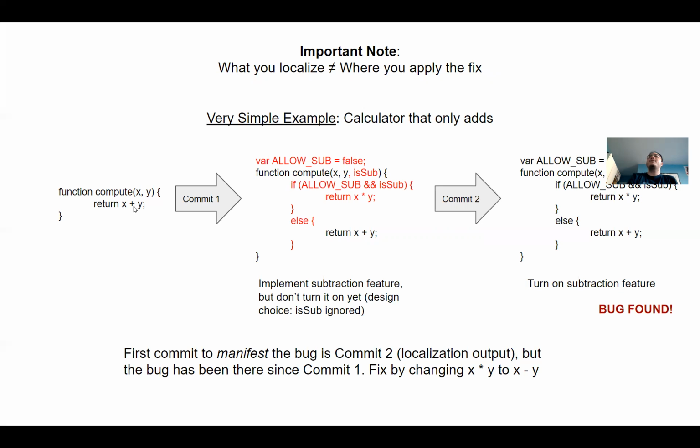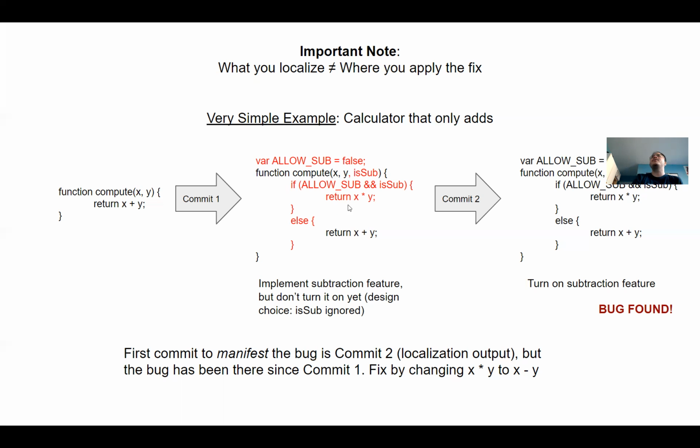Let's say that the developer is working on this, and he decides, oh, I want to add another feature, which is performing subtraction. So he adds all these other features. He puts in another parameter called isSub. If it's set to true, it performs subtraction. If it's set to false, then it performs the usual, which is addition. And then you have a couple of branches here.